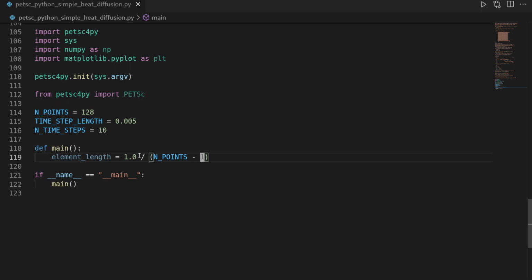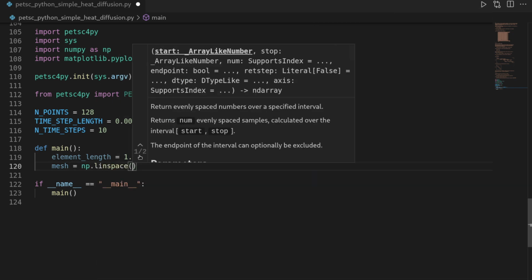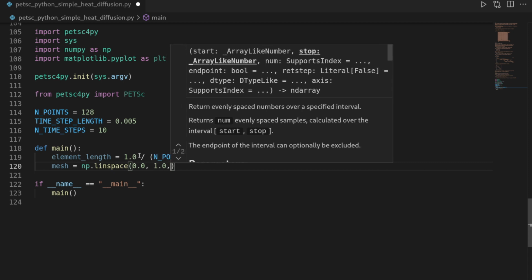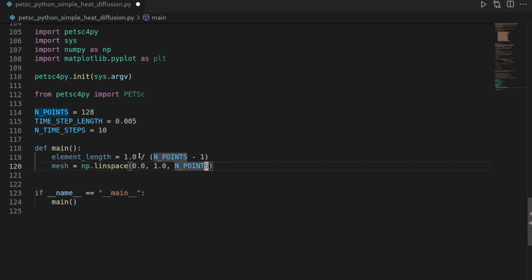And then let's build up that mesh by saying mesh is np.linspace, linearly spaced from 0 to 1, including the very left and the very right point, which are our boundary nodes.